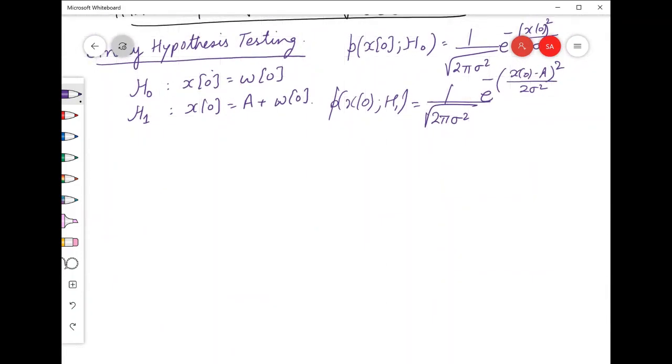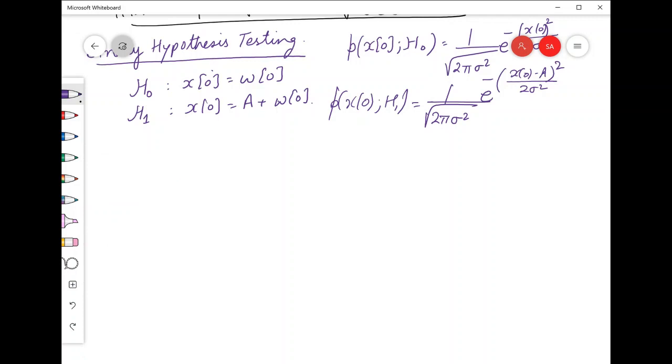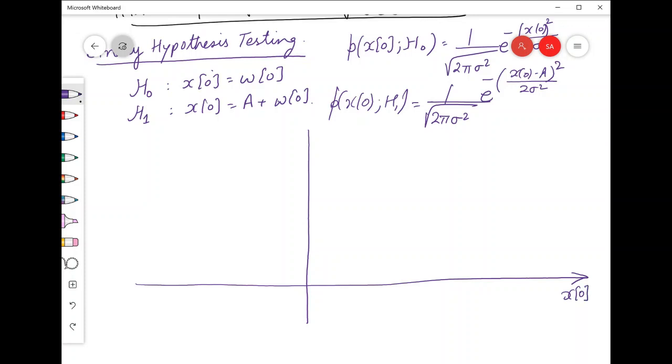Okay, so let me draw the graph of this one. On the x-axis I'm drawing x of 0. On the y-axis I'm drawing the probability of x0.